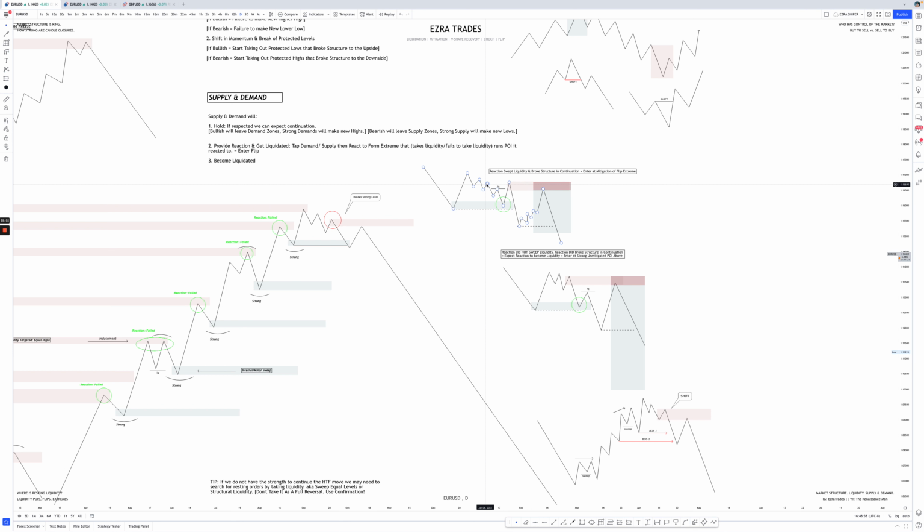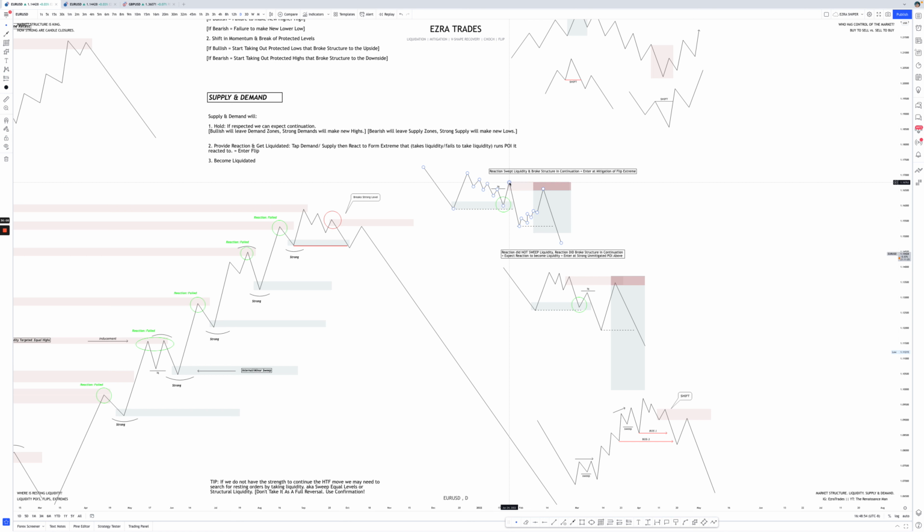Lower low, lower high, lower low, lower high, lower low, reaction because we're in a demand zone, and we sweep a previous lower high. When we get that sweep, we're taking liquidity. And so this is a liquidity point of interest.